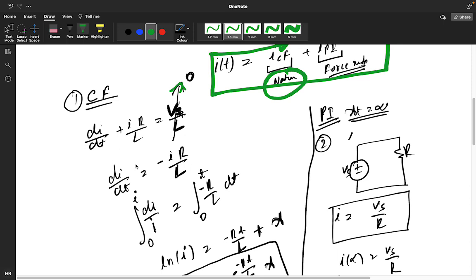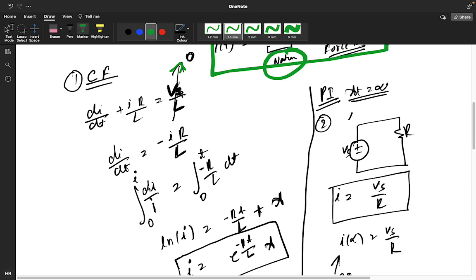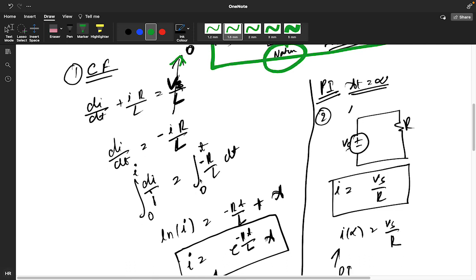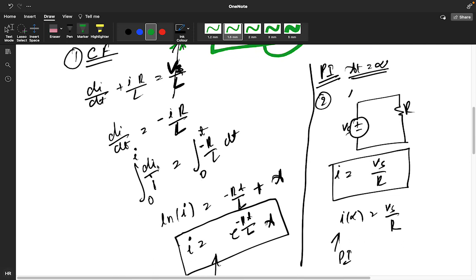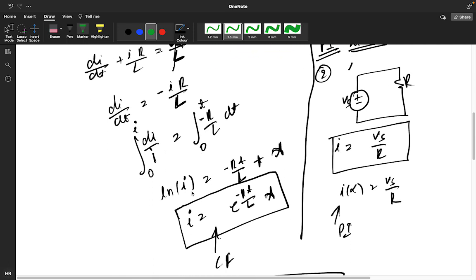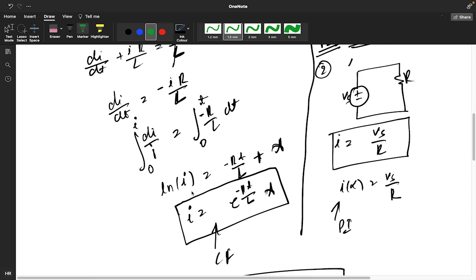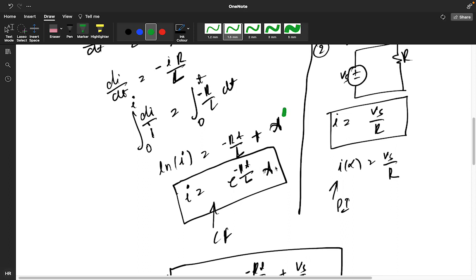If we solve this and find the value of I of t, we will get some function, and I'm writing a dash here. So on solving, you get I of t equals e power minus RT by L plus a dash.